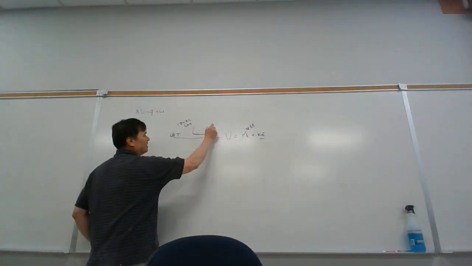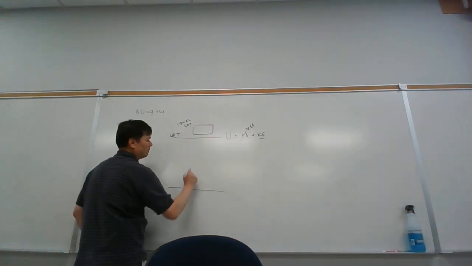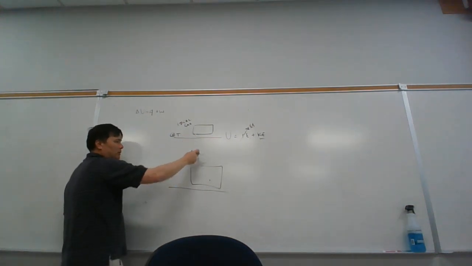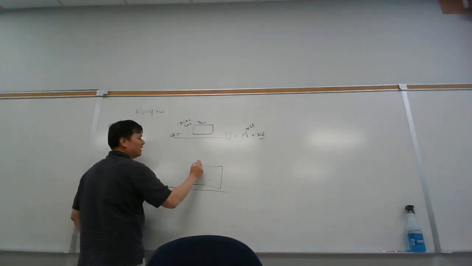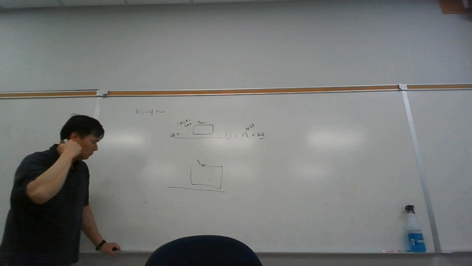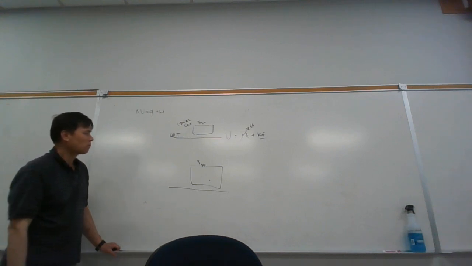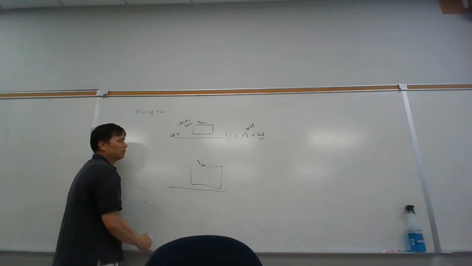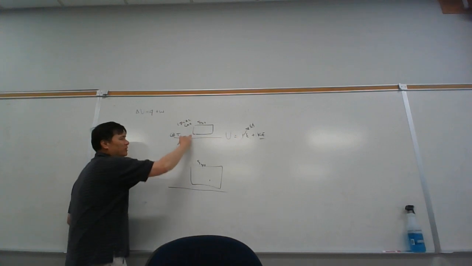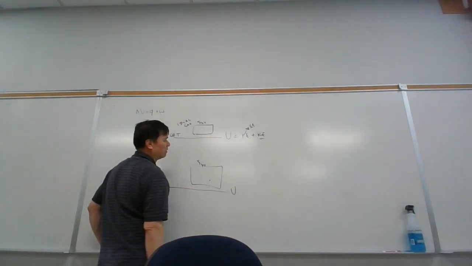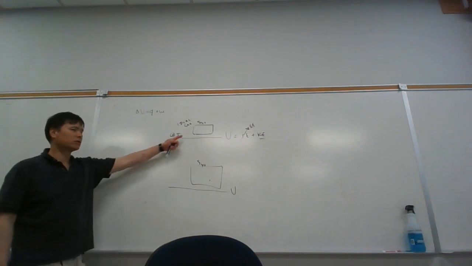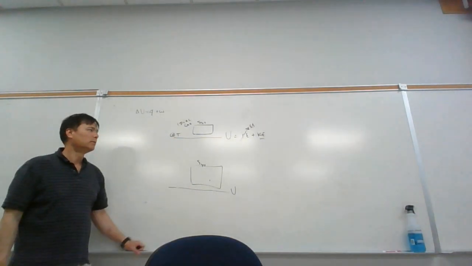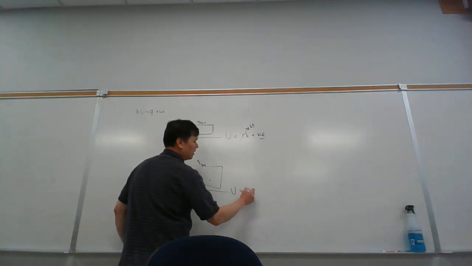So if I have an ideal gas like this, and it expands like this, then the system expanding requires work. And therefore, work is done by the system. The system's blowing up the balloon. And therefore, the system's going to lose energy. We lose energy here, because some of that energy has to be used to expand the system volume. But if we lose energy here, it can only be in the form of kinetic energy.